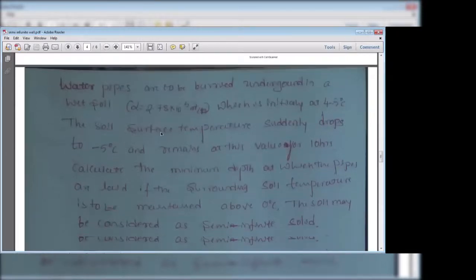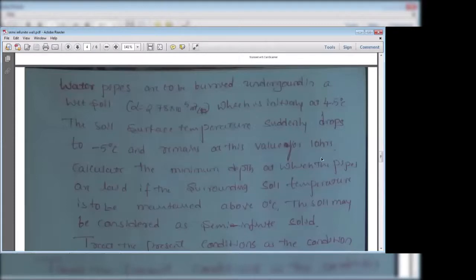The soil surface temperature suddenly drops to minus 5 degrees Celsius and remains at this value for 10 hours.